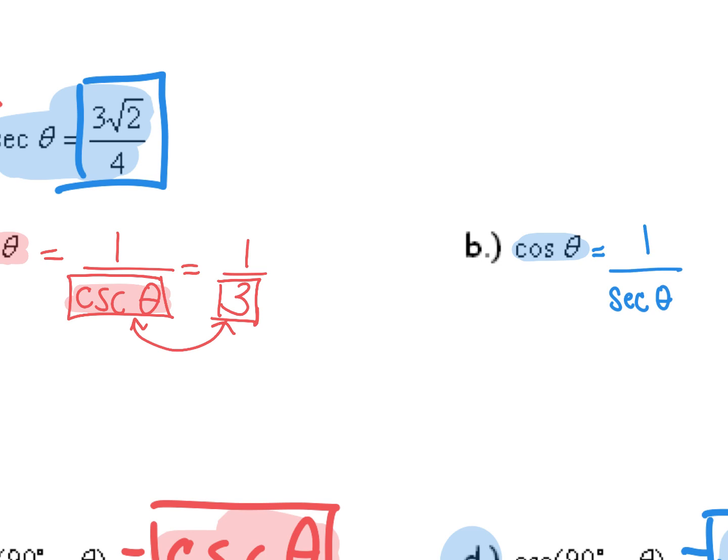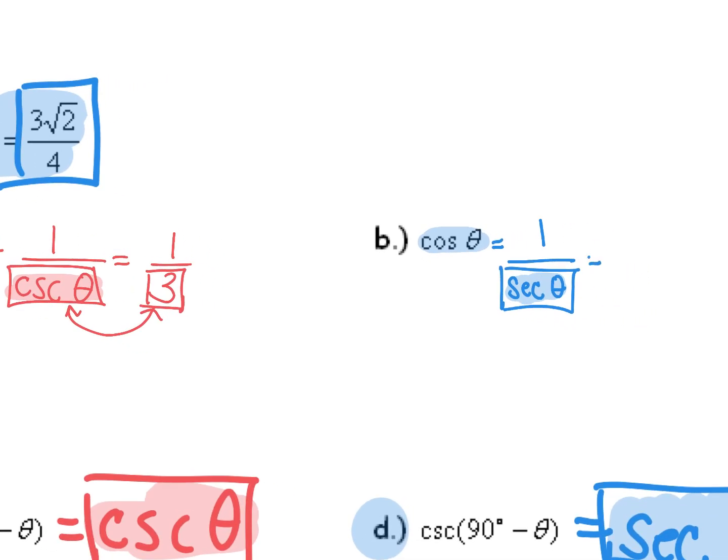And then we just substitute what we know about the secant of theta into that fraction. We did say that the secant of theta is actually 3 root 2 over 4. So in that box right there, I could put 3 root 2 over 4, because this was in our given, those two things are the same.